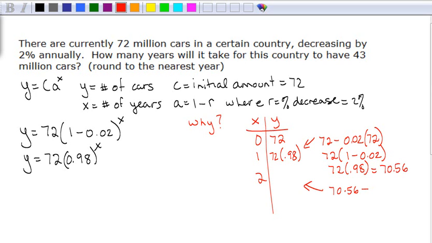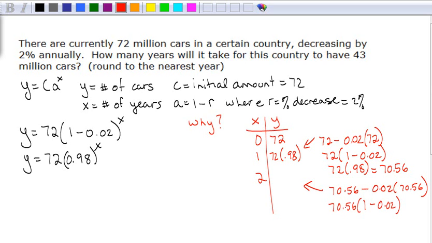So to get this answer, we're going to do the same thing with 70.56. We're going to subtract 0.02 times the 70.56, that would be the amount of decrease. You have to subtract that from the original. Again, we're going to factor out that 70.56 and get the 1 minus 0.02. That's where you get the 1 and the 0.98.